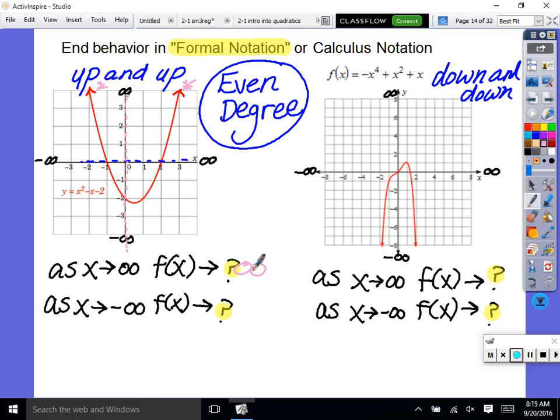So we would write positive infinity. So then we're going to answer this. As x approaches negative infinity, so as x gets smaller and smaller, where's your function approaching? So as x gets smaller and smaller, isn't our function growing up to positive infinity? So we'd write positive infinity. You've just done some calculus.